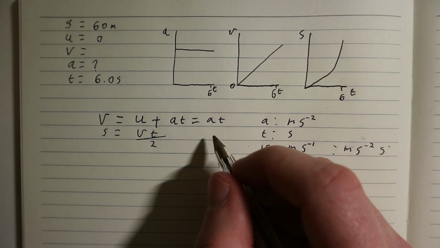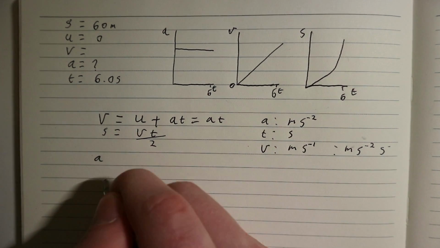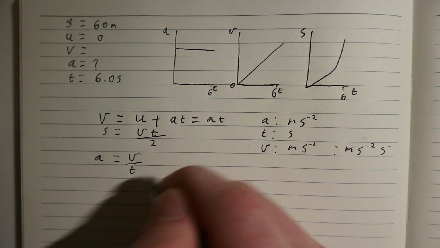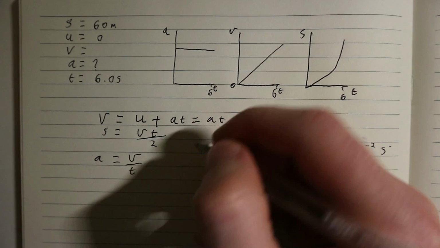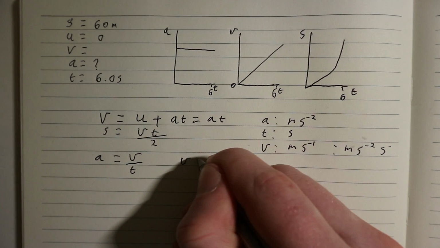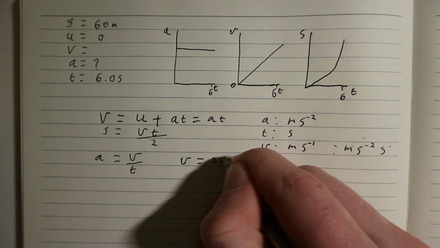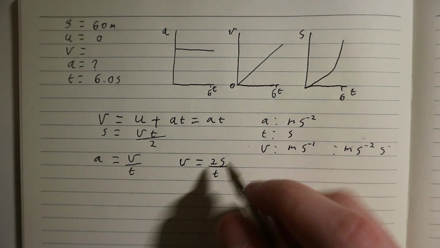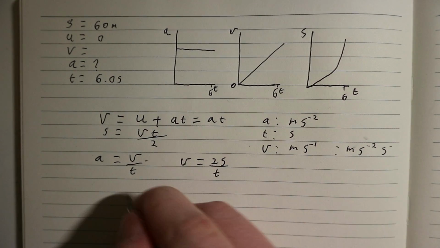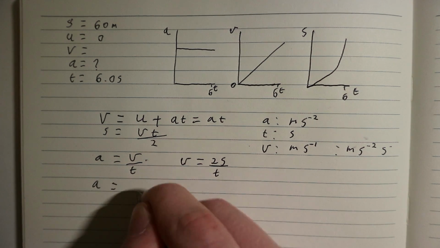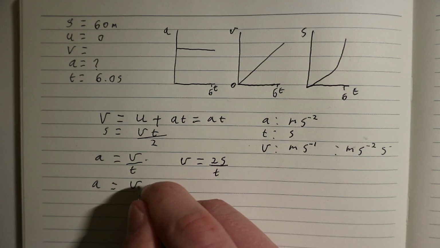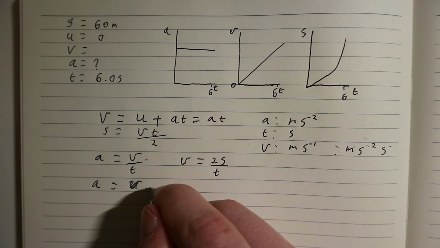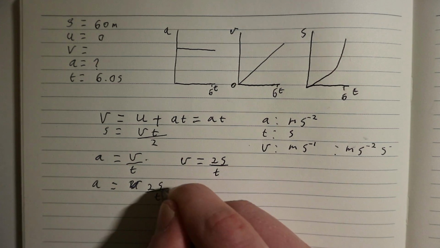And we want to find A, so I rearrange this for A, as in A equals V over T, and rearrange the other one for V equals 2S over T. Sub in this V for that V, we get A equals 2S over T squared.